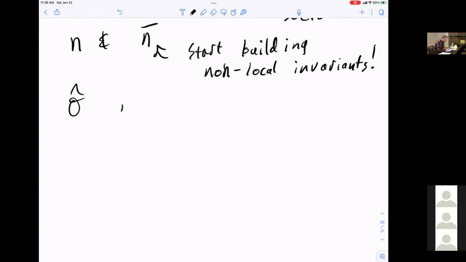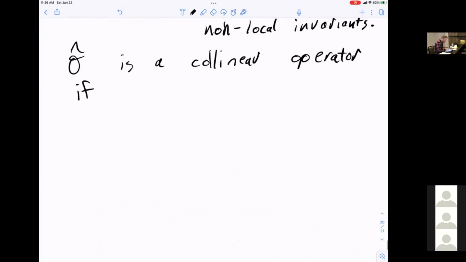So O hat is a collinear operator. When I take its covariant derivative contracted into the n bar direction, this will be order Q in my power counting.